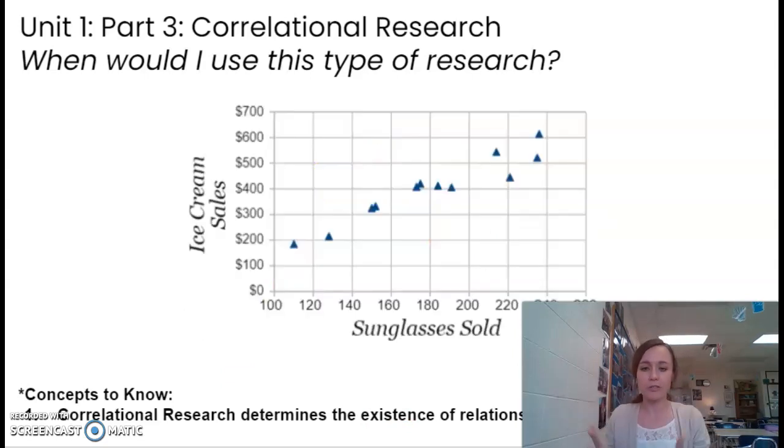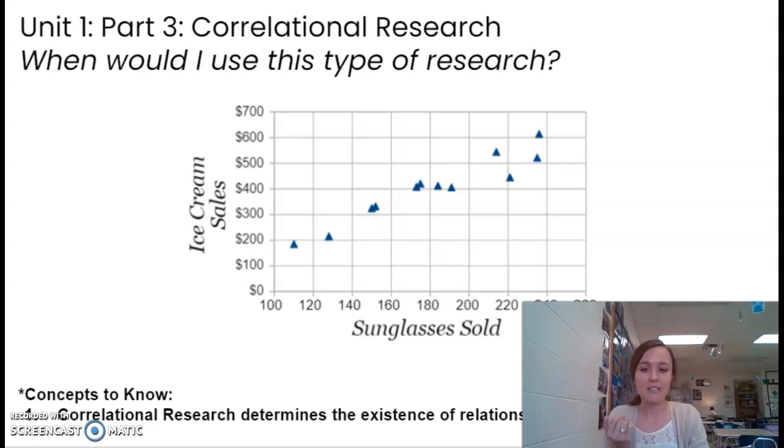Okay, and one more time, just to reinforce this point, we can track variables of all kinds, and we can just see if there's a relationship. So in this chart, you can see that we are looking at sunglasses sold and ice cream sales. And as you can see in this graph, as ice cream sales increase, so does sunglasses sales.